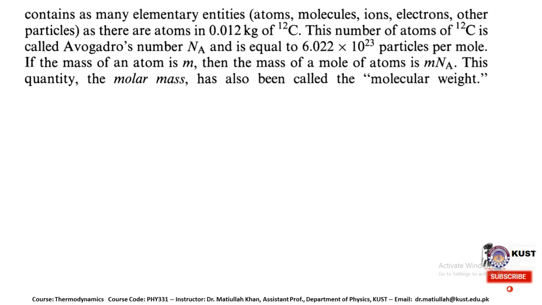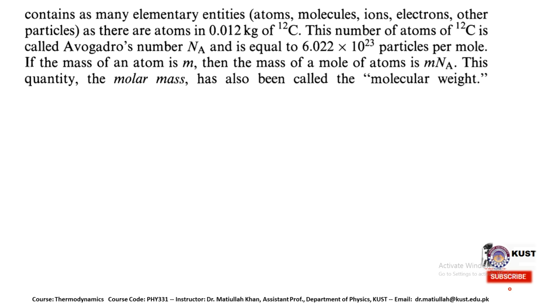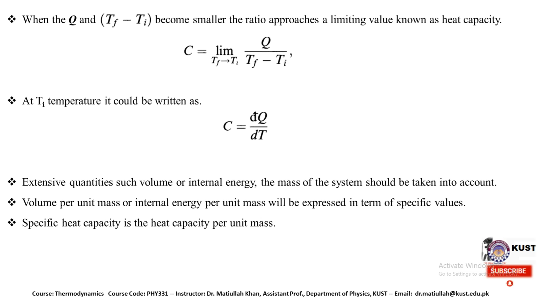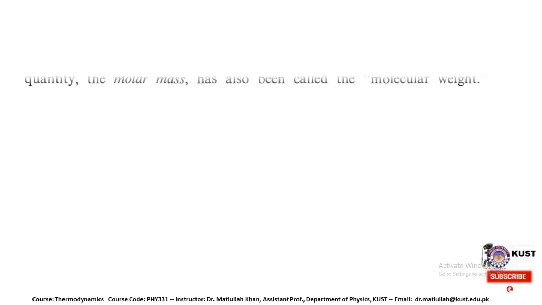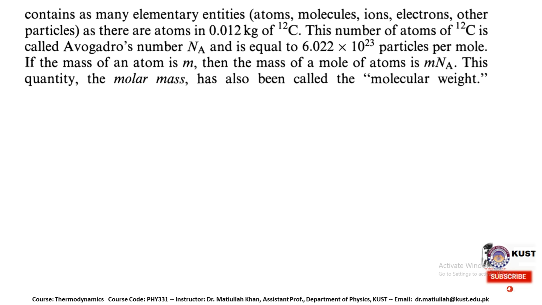So what is the specific heat capacity and how can we express it? Actually, if we consider a mole of any material, after the specific heat capacity, that is the heat capacity per unit mass, we need to describe the molar heat capacity.